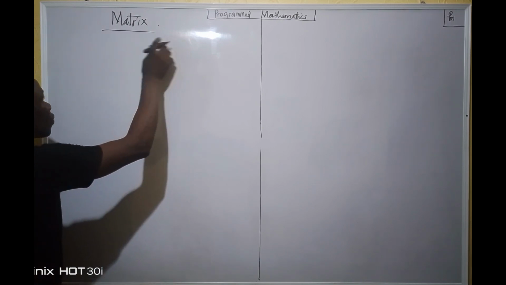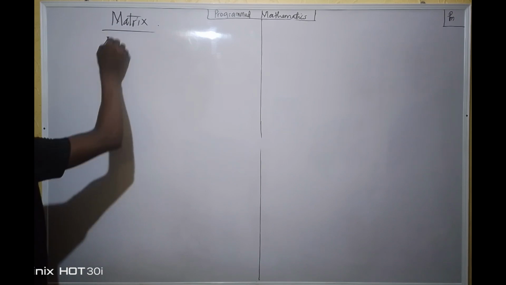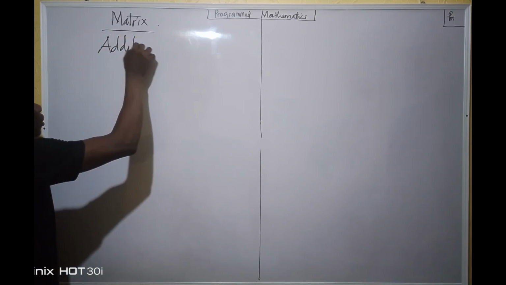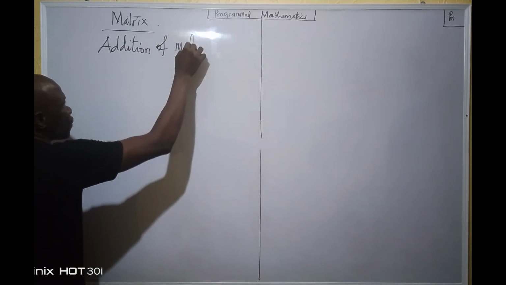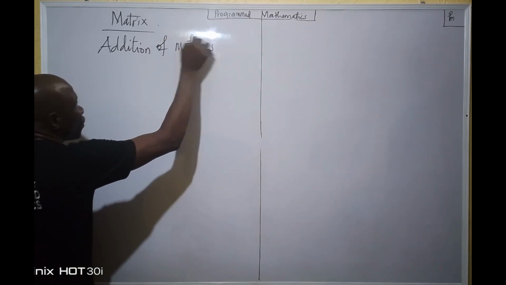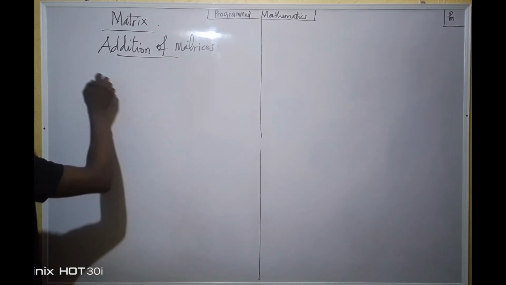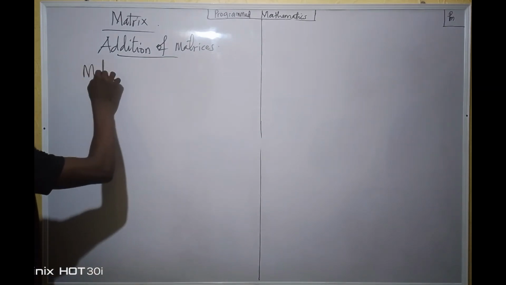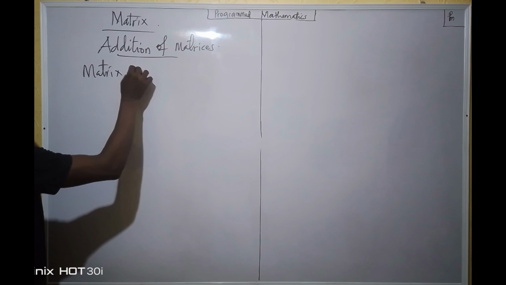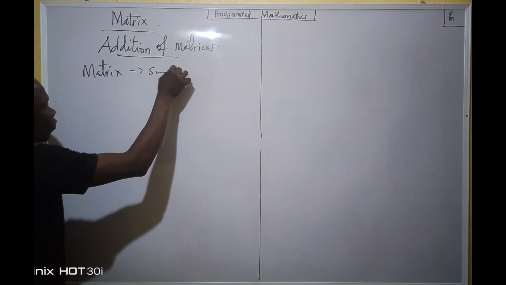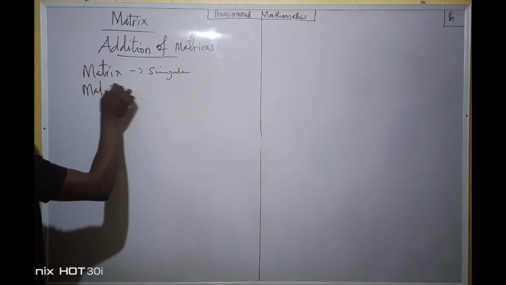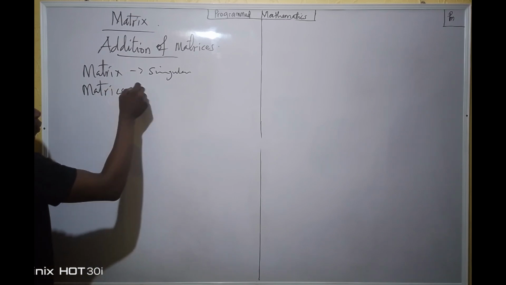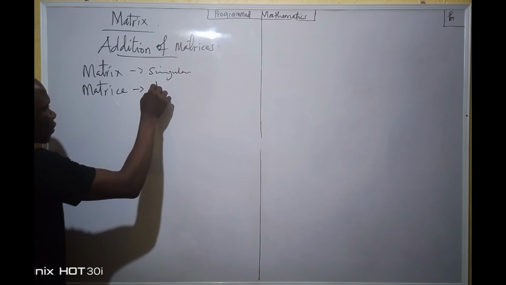And so we pick the first operation, which is the addition of matrices. Addition of matrices. Now don't forget, the word matrix itself is a singular form, while matrices is in the plural sense.